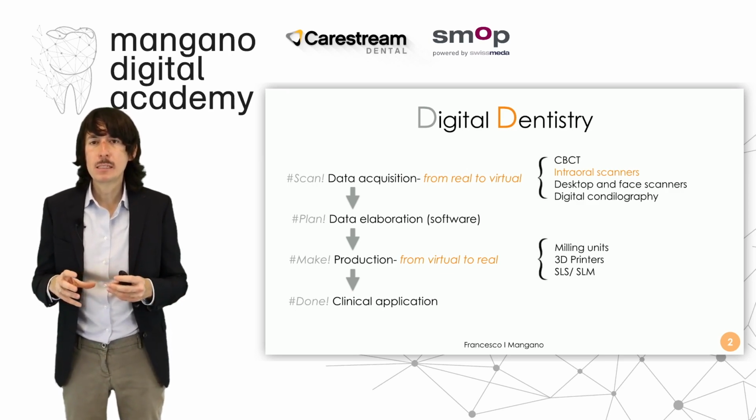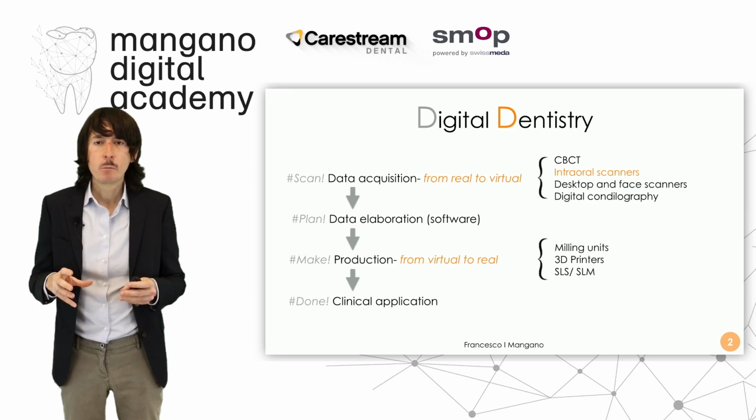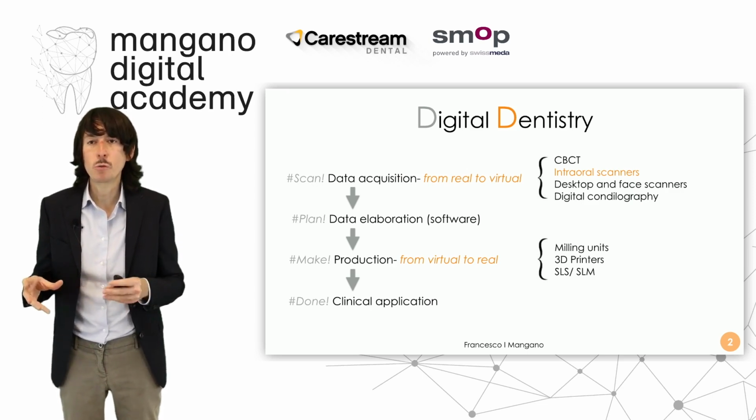Then when we have collected all this data, we can import it and put it together inside computer-assisted design software. We have several kinds of computer-assisted design software, like, in prosthodontics, for example, software for modeling crowns, bridges, full arch restorations, everything that is useful in prosto.